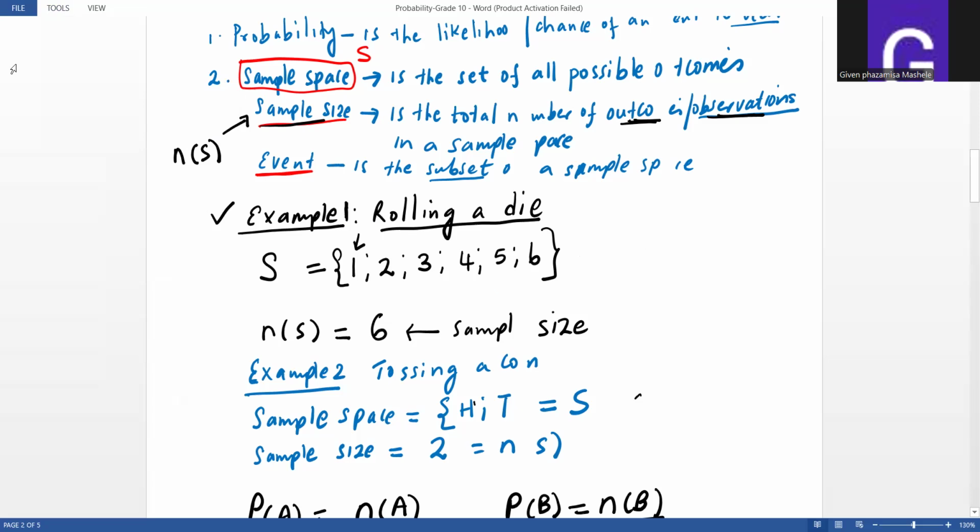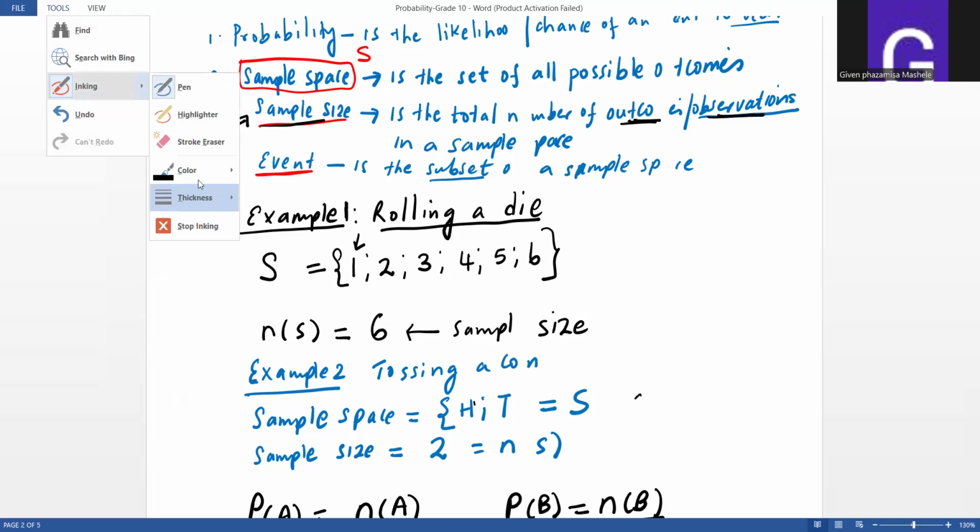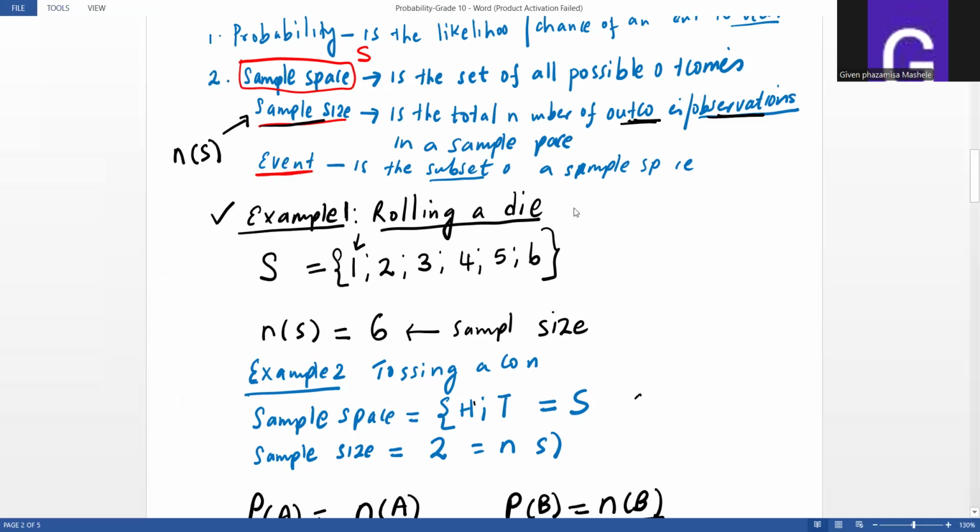For example, if we say, what is the probability of a die landing on 1? So we want P of 1, the event of 1.